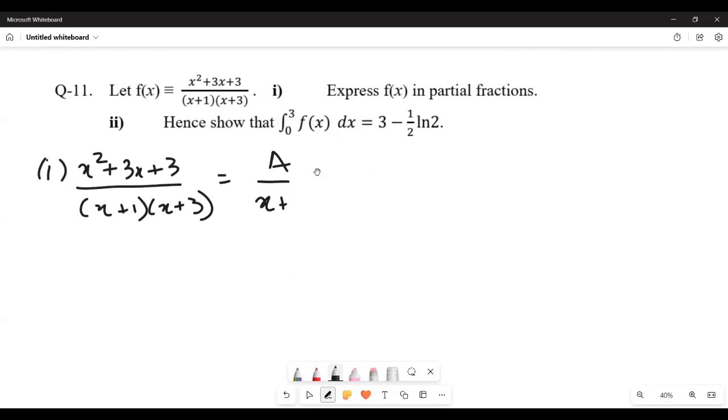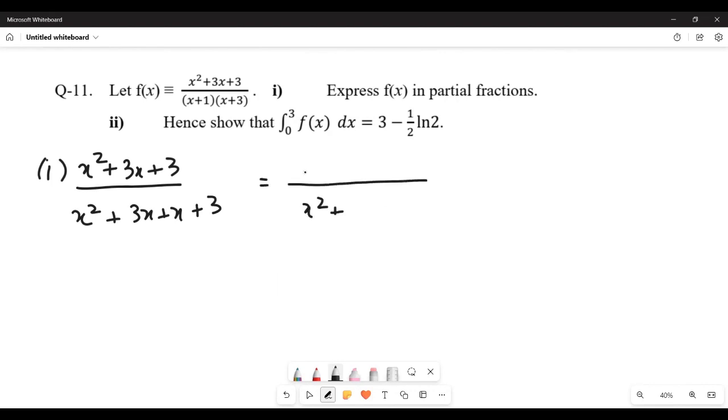बिल्कुल सही है, पहले लॉन्ग डिवीजन करें वरना आंसर गलत आएगा. ओके, सो डिनोमिनेटर में आ गया x squared plus 3x plus x plus 3. अच्छा, ये बन गया x squared plus 4x plus 3 और यहाँ आ गया x squared plus 3x plus 3. तो लॉन्ग डिवीजन तब करनी होती है जब either the powers in the numerator and the denominator are the same or the power in the numerator is bigger.